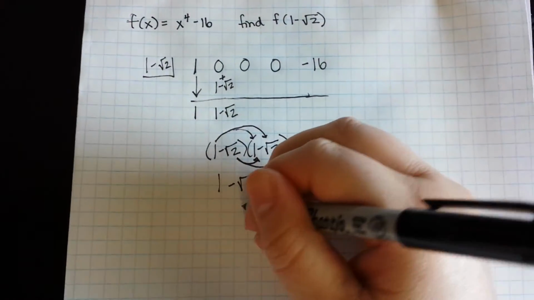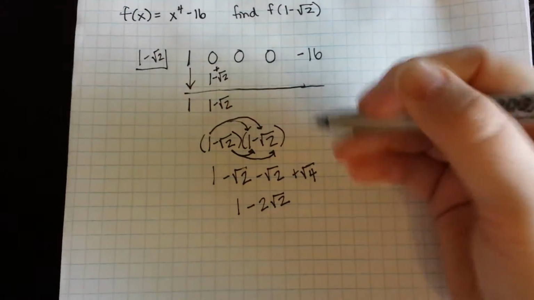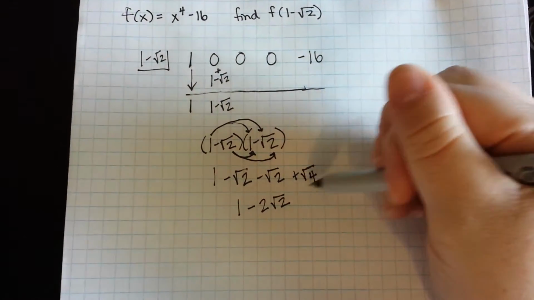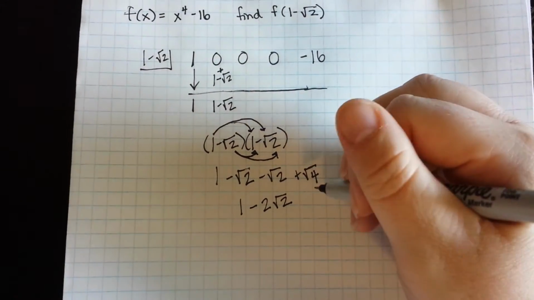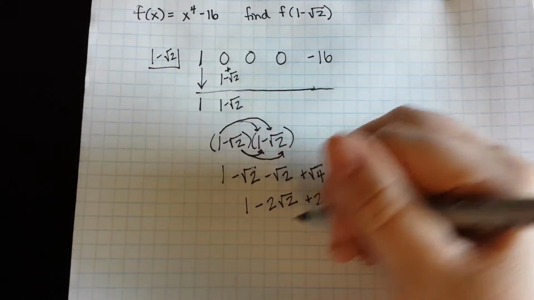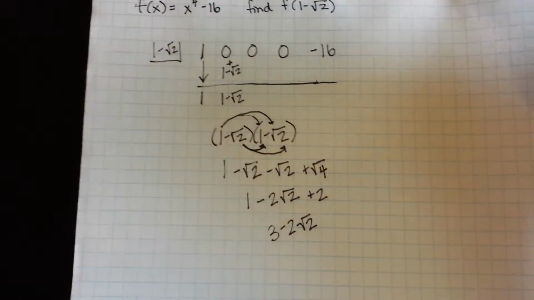So this will turn into 1 minus 2 square roots of 2. So I had minus 1 square root of 2 and minus 1 square root of 2. And then positive square root of 4 becomes just regular old 2. So this will simplify into 3 minus 2 square roots of 2.